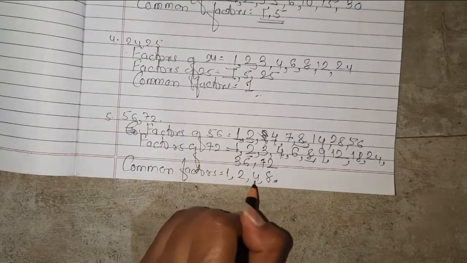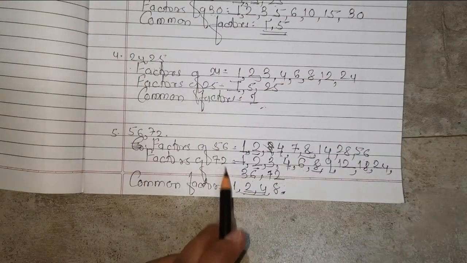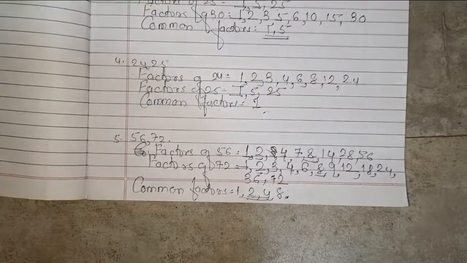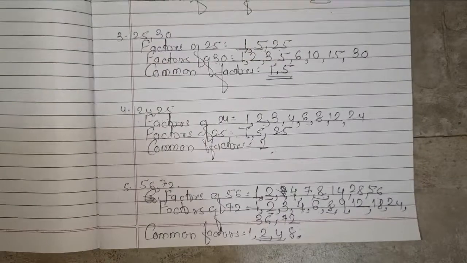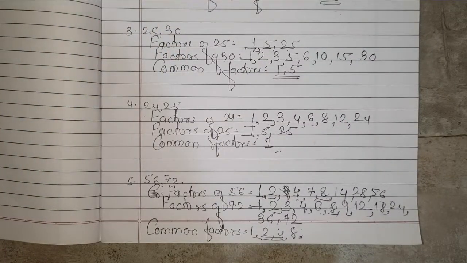Okay, so 1, 2, 4 and 8 are the common factors of 56 and 72. So in this way you have to first find the factors of the two given numbers, and then check which factors are common to both numbers, and then write the common factors.